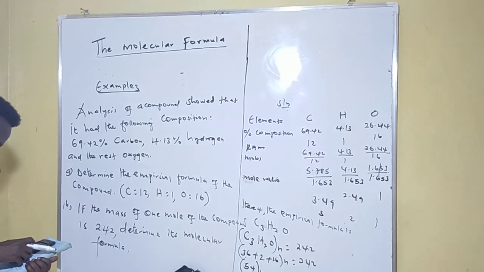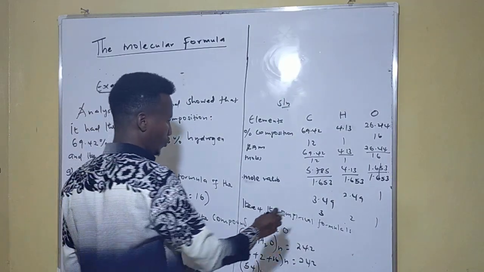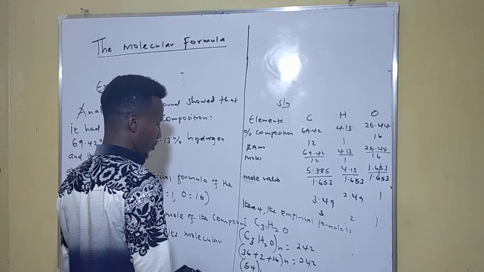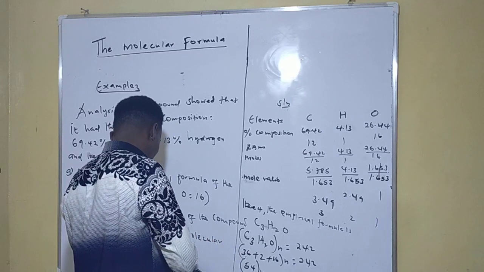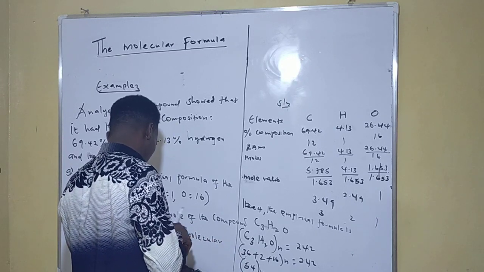Let me check. If this is in need of correction, 242 divided by 54 will give us how much?